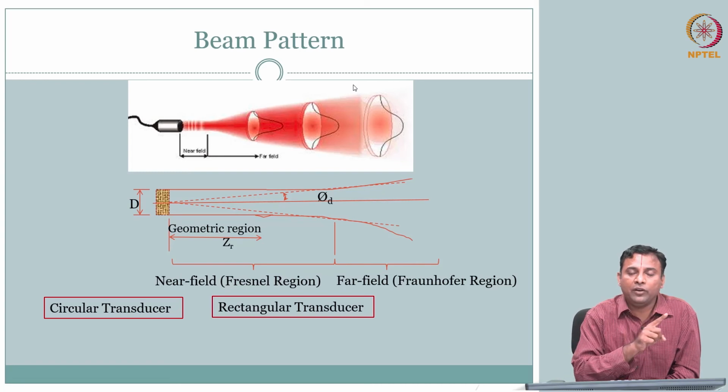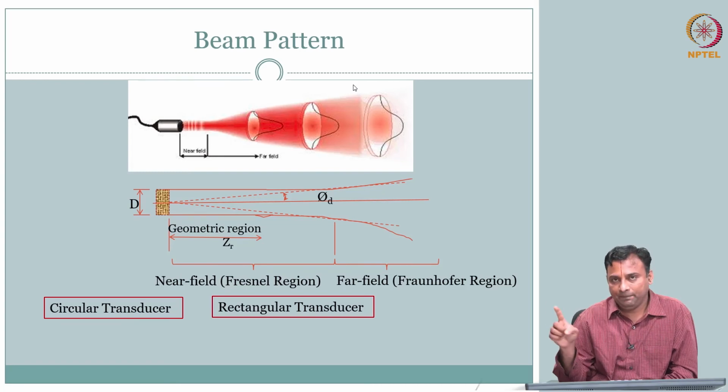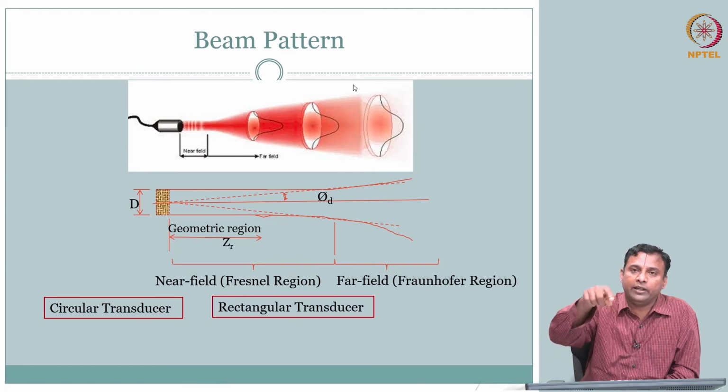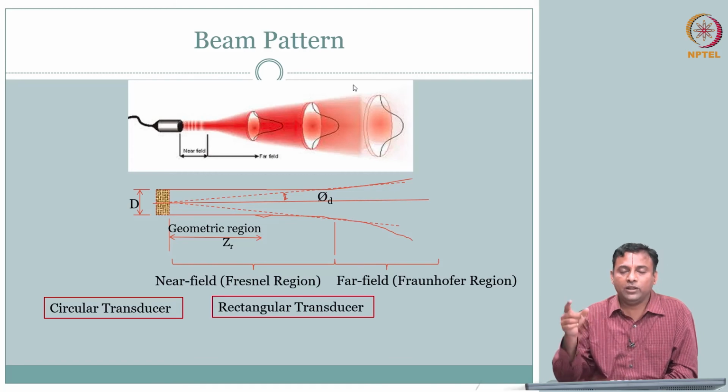So clearly, if I want only along z, that is one thing, but we are interested in imaging, right? So not only should we be able to locate in depth, we should also be able to locate in the azimuthal direction. Then only we get an image, right?